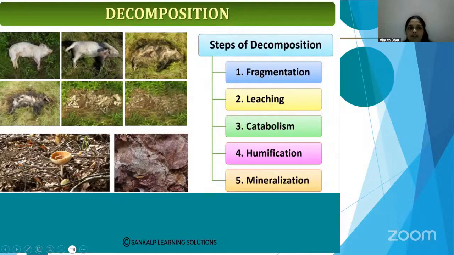After some time it decomposed and mixed with the soil. See the difference between the first and the last picture. And here also you can see the leaves. So what happens in decomposition? There are different steps: fragmentation, leaching, catabolism, humification, and mineralization.